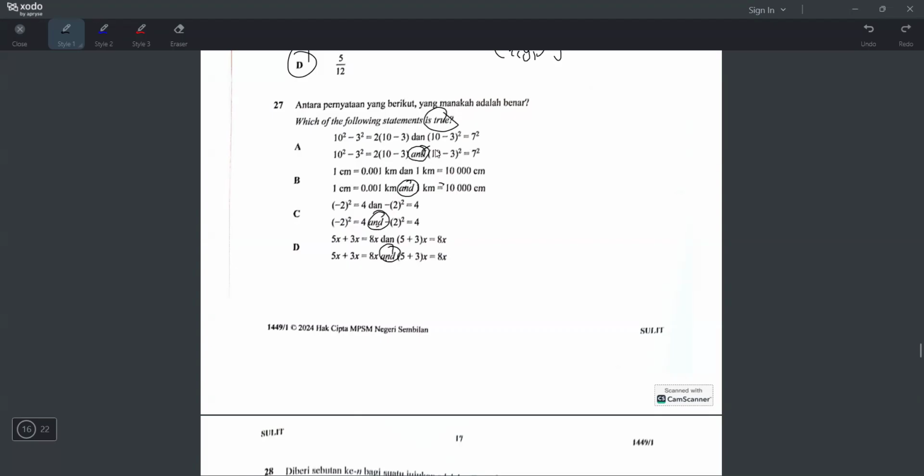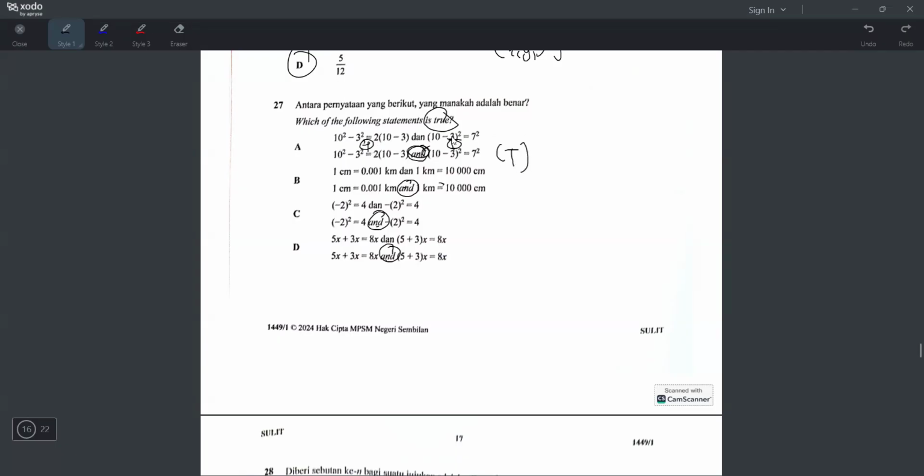And if it's a compound statement, they will have two different truth values. What is the meaning of that? It means the first statement can have its own truth value, true or false, and then the second can also be true or false. If the middle word is "and", both statements have to be true, then only will it become true at the end.